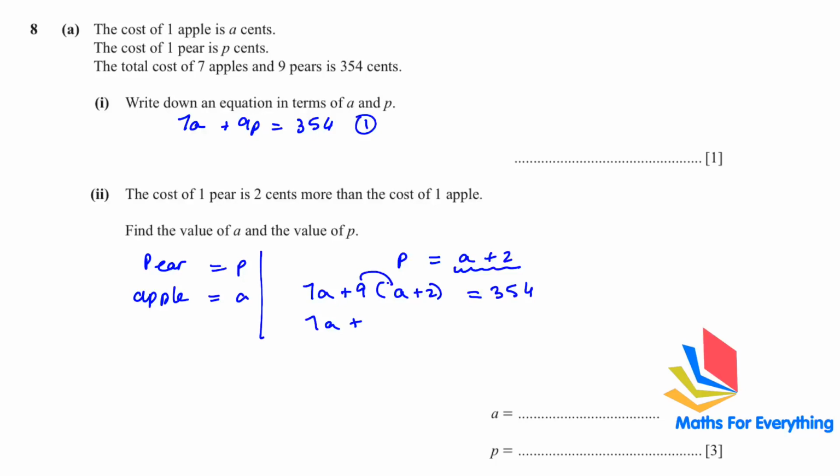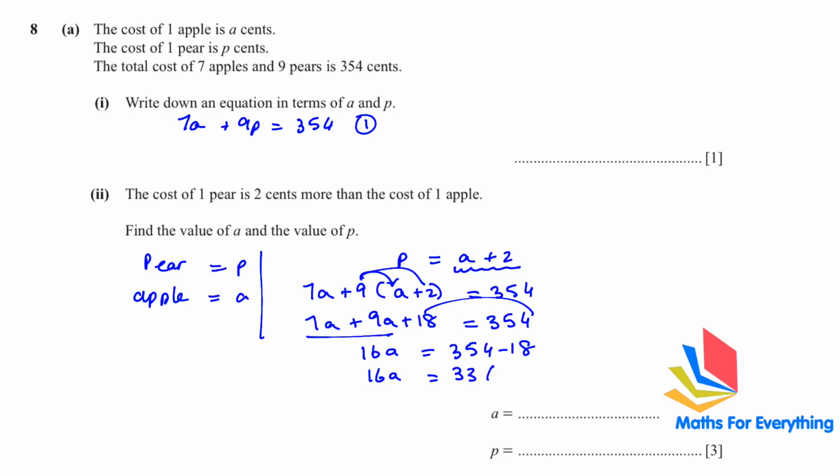Expand the bracket. 9 multiplied by A, 9A. 9 multiplied by 2 is 18. 7A plus 9A will give us 16A is equal to 354. The 18, when we move to the other side, will be negative 18.